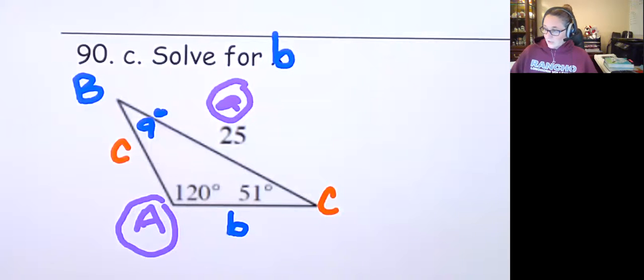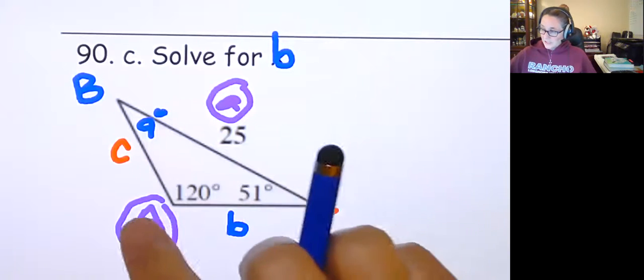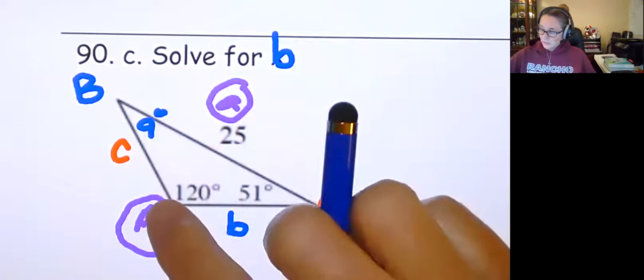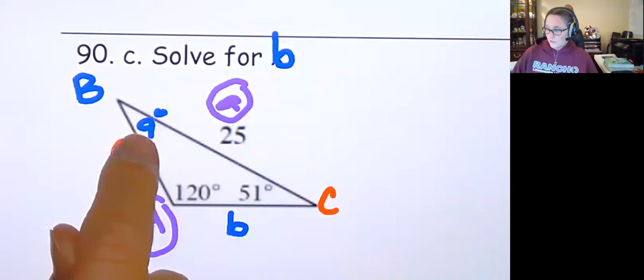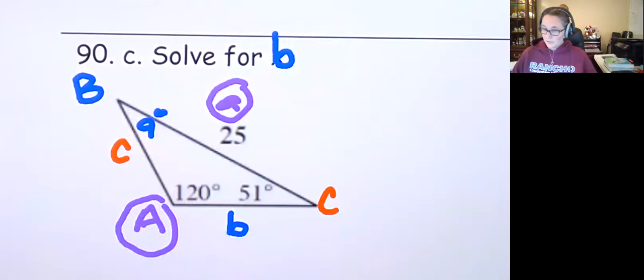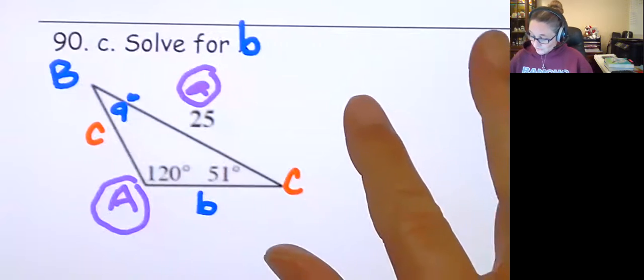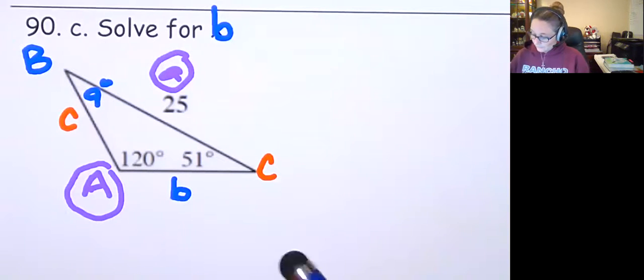Okay, so now I've got these ones in purple. I know this one here in blue, and I'm trying to find this, so I'm going to use law of sines. Now, you need to look and see, was it side-side angle? It was not side-side angle, it was angle angle side. So I don't have an ambiguous case, only if it's side-side angle.